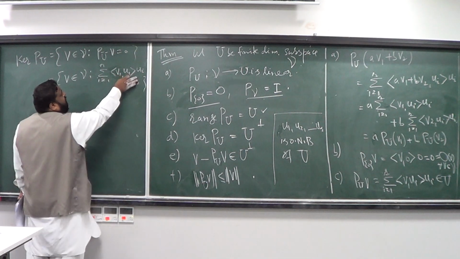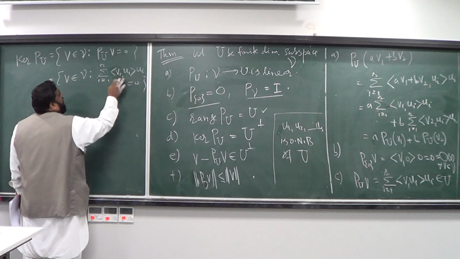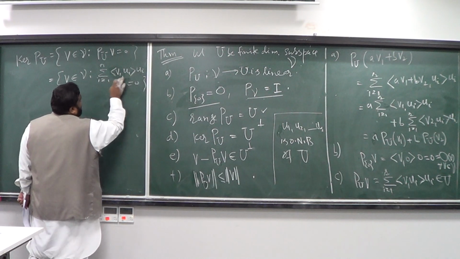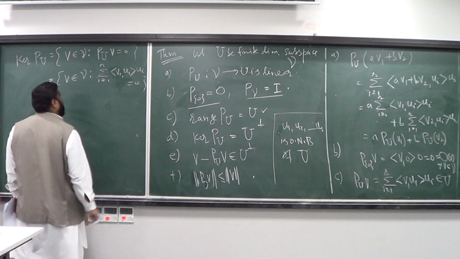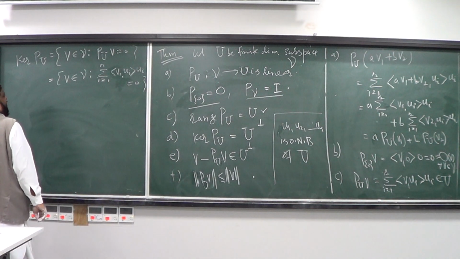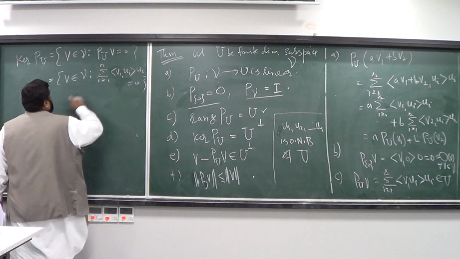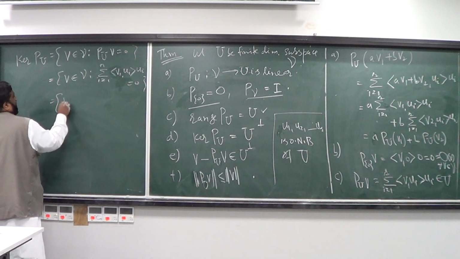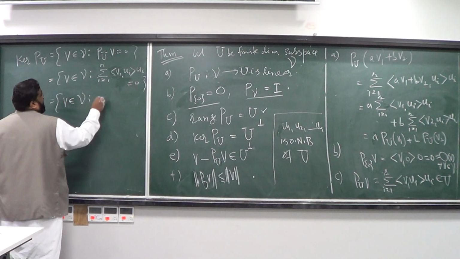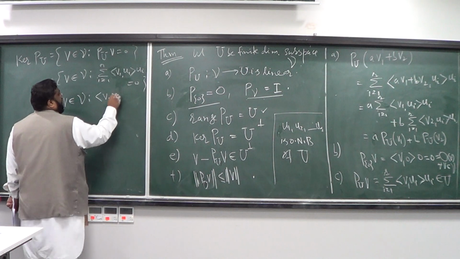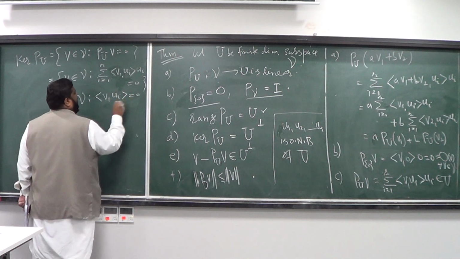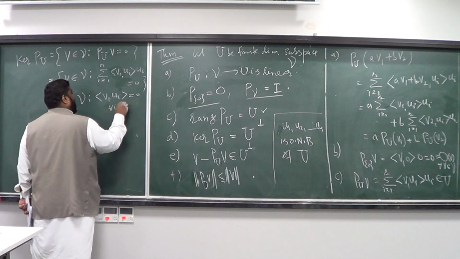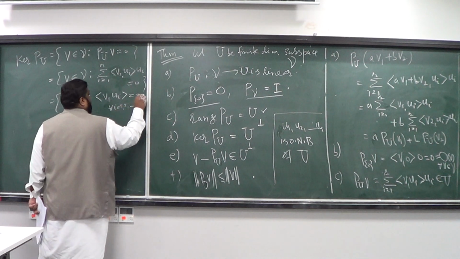If this is a zero vector, and the u_i are non-zero, this means that these coefficients are 0. So the coefficients <v, u_i> equal 0 for all i equal to 1, 2 up to r. And what does this show?